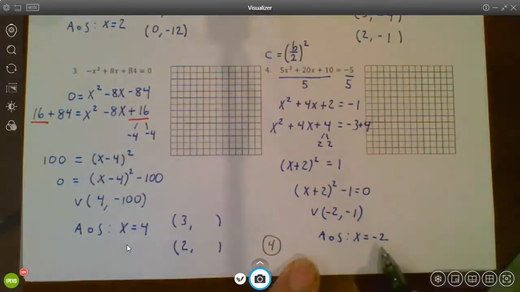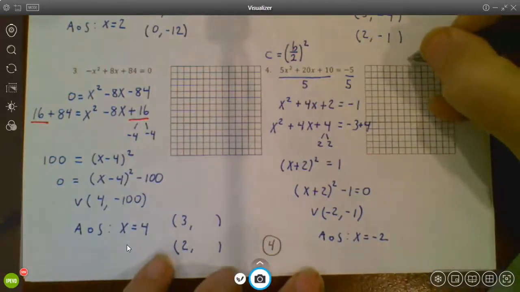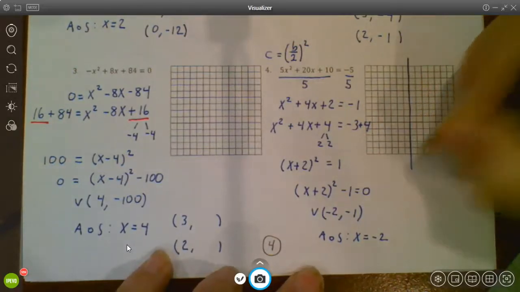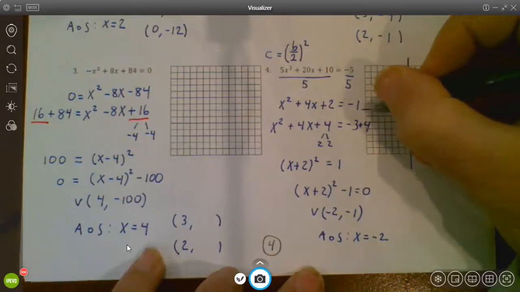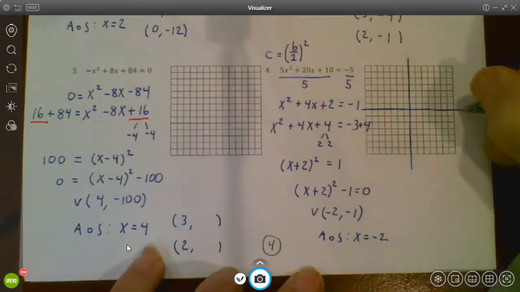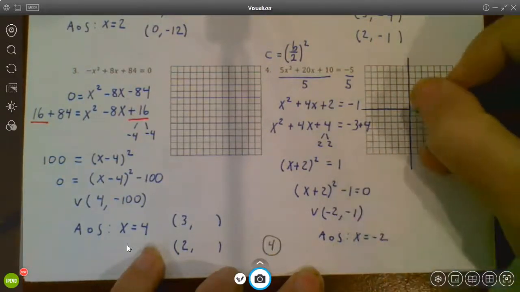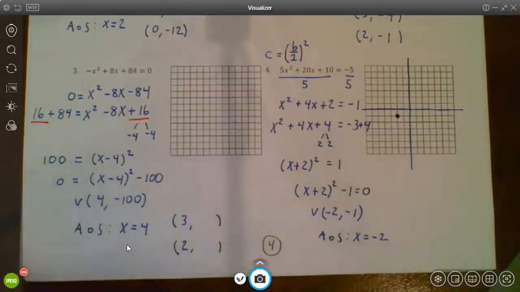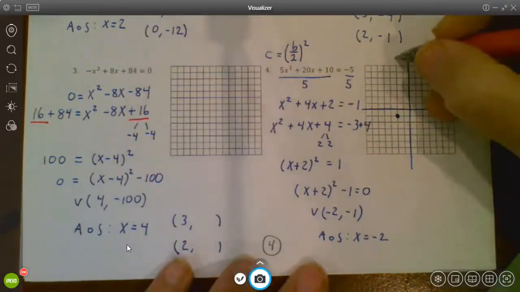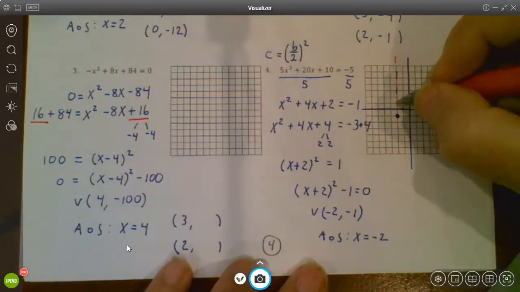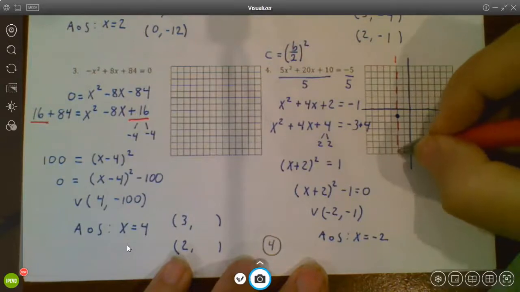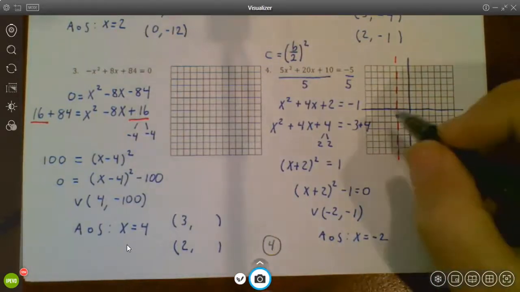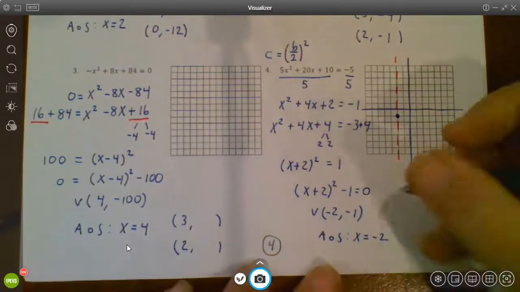And those are pretty friendly numbers here, so I'm actually just going to draw my y-axis right down the middle and my x-axis right down the middle. So our vertex would be at negative 2, negative 1. Axis of symmetry runs right through that point, which looks like this.